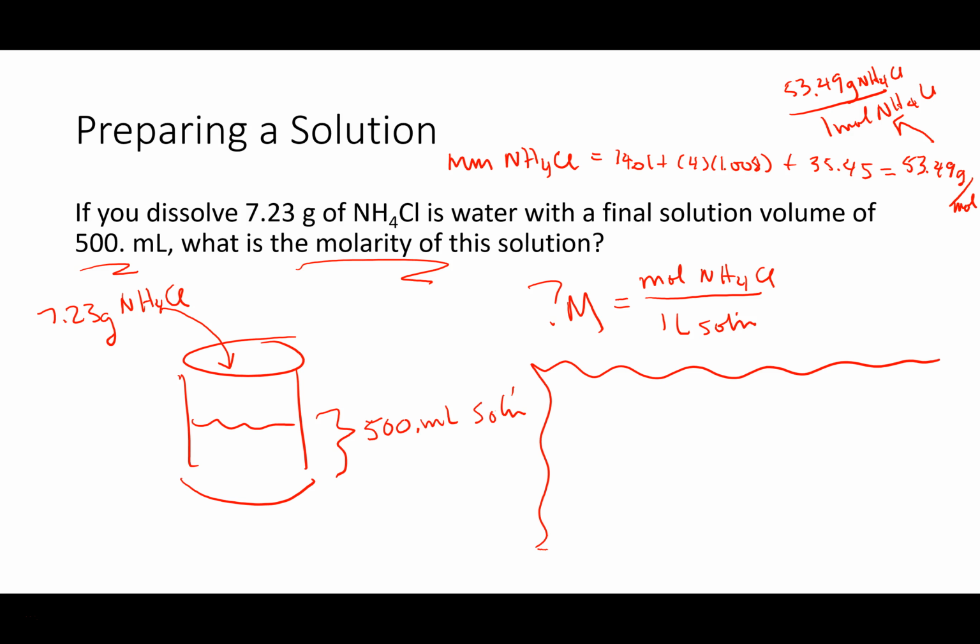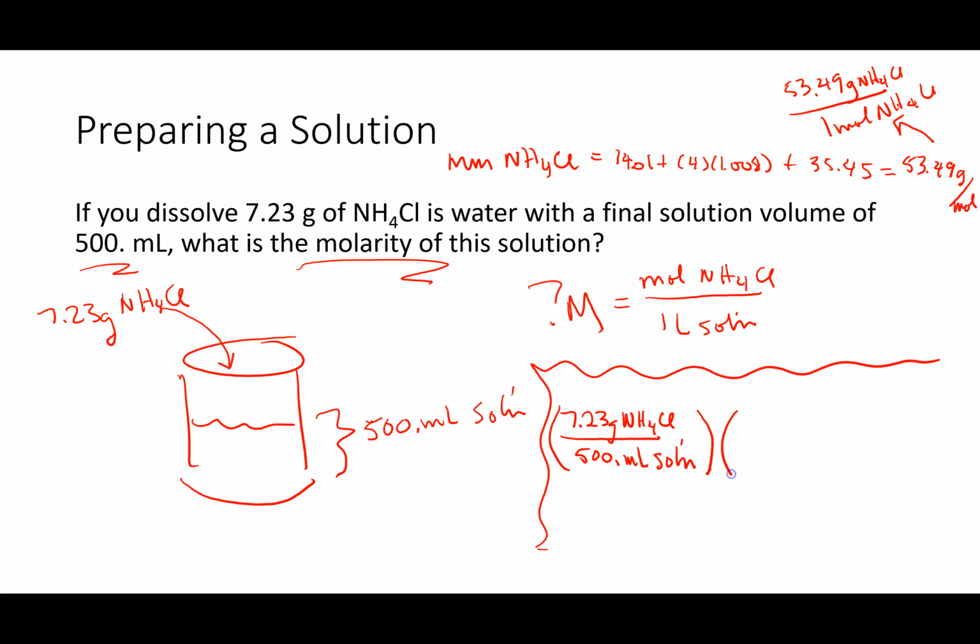Like I told you, the way I work this is I just put that mass over that volume. So here I go. 7.23 grams of NH4Cl over 500. milliliters of solution, 3 sig figs.